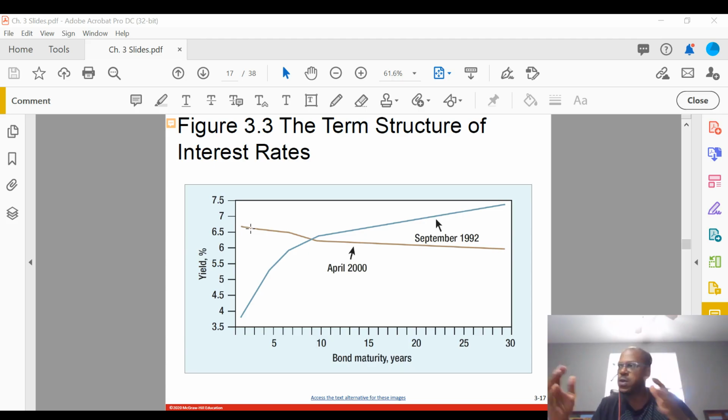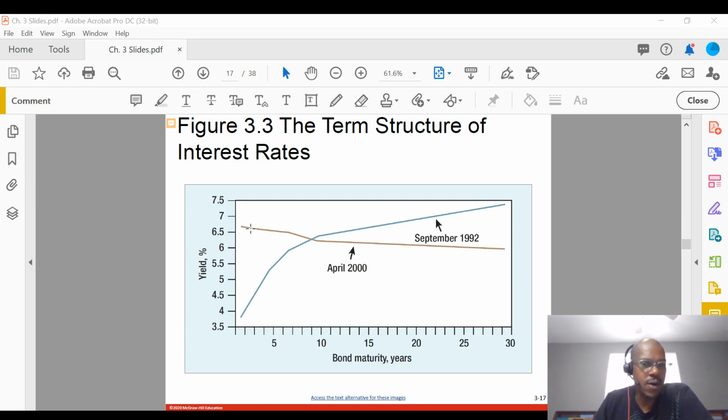The reason we pay attention to it is because all other interest rates in the economy tend to ratchet above the Treasury. Because the Treasury is the safest and most liquid security, every other interest rate will be above it. So if the Treasury moves up or down, all other interest rates respond to that.